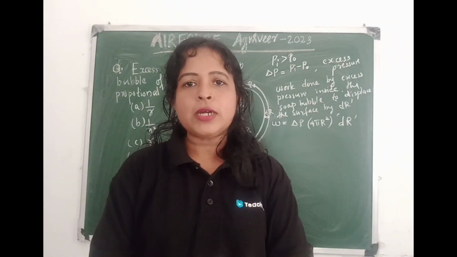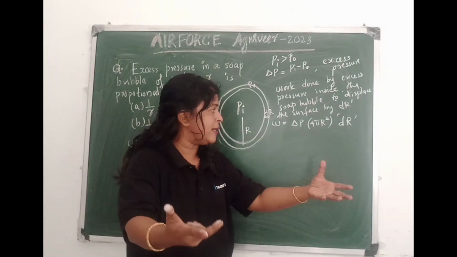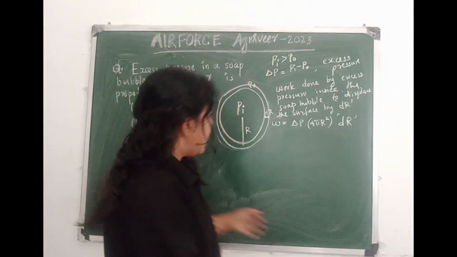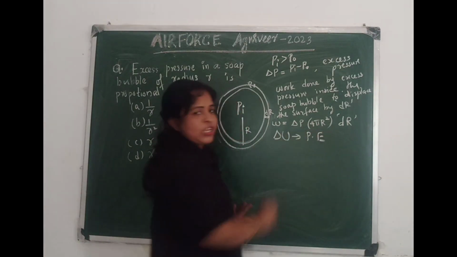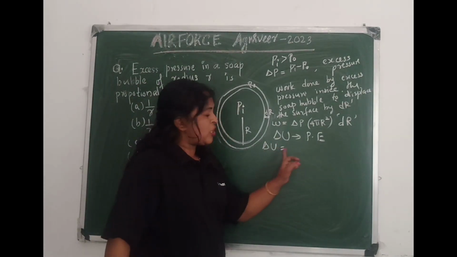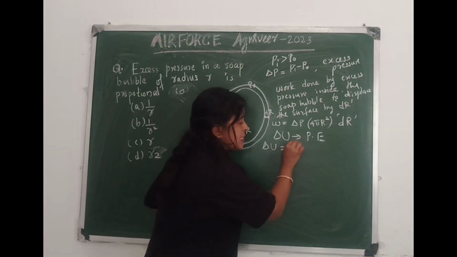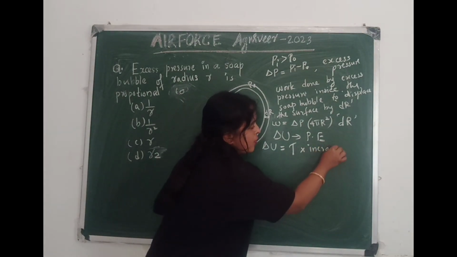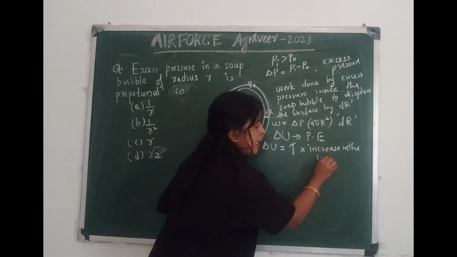Now we know the work energy theorem. The work is converted into potential energy. This work increases the potential energy of the bubble. Let delta U be the increase in potential energy. Its expression is: potential energy equals the surface tension into the increase in the surface area.